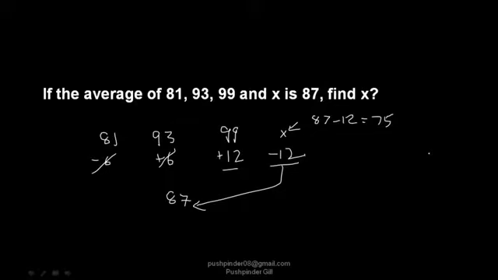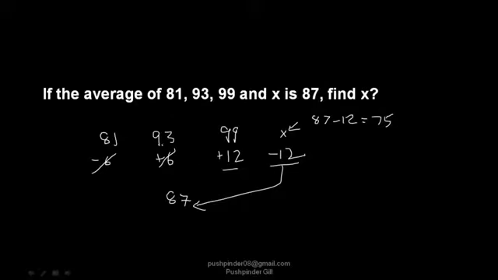So let me take a quick recap. He said that there are four numbers, 81, 93, 99 and x, and the average is 87. I just knew that if the average is 87, the negative deviations should be equal to the positive deviations. How far is 81 from 87? Negative 6. How far is 93 from 87? Positive 6. How far is 99 from 87?